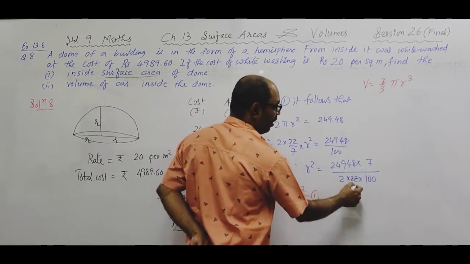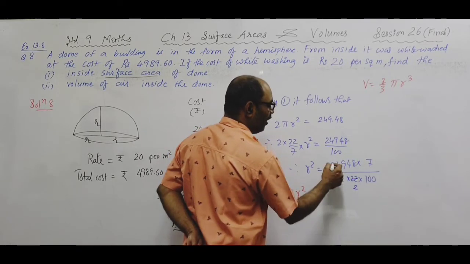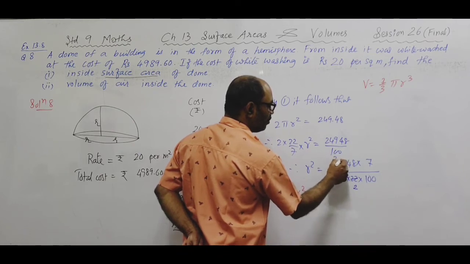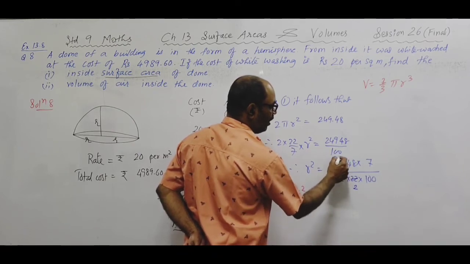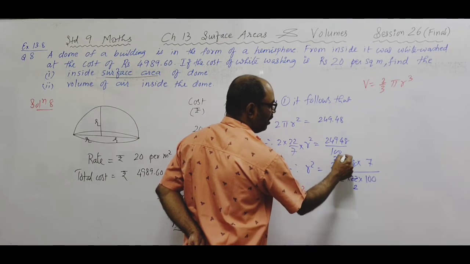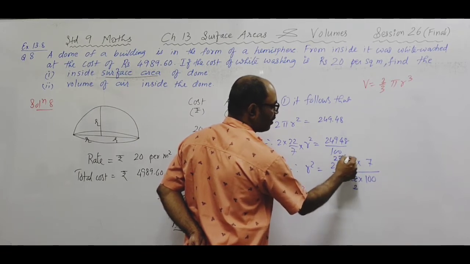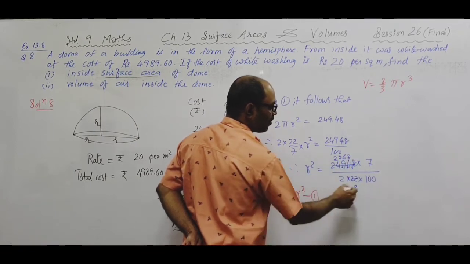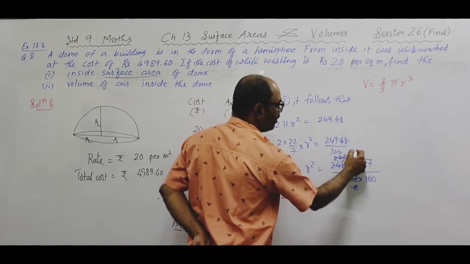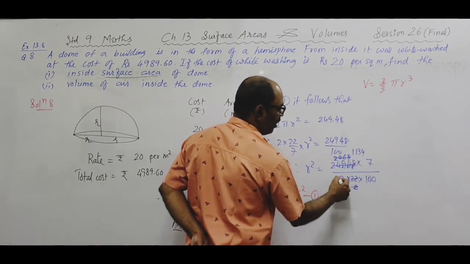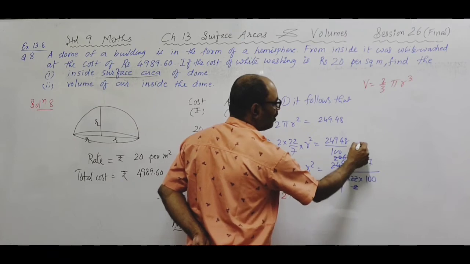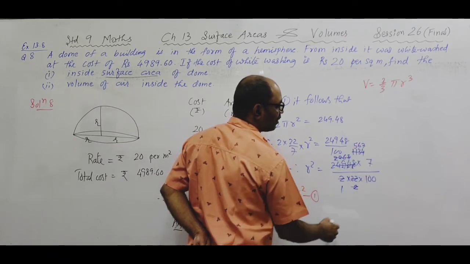First take 11: 11 2s are 22, 2 left; 11 2s are 22, 7 left; 11 6s are 66, 8 left; 11 8s are 88. 2 1s are 2, 3s are 6, 4s are 12, 2 5s, 2 6s are 12, 2 7s are 14.